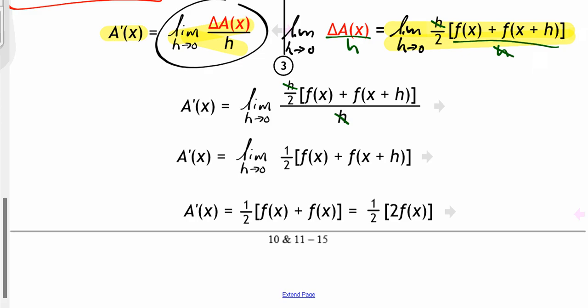So if this cancels out, what is the derivative of my area function? It's the curve.